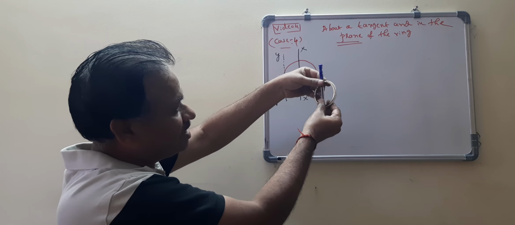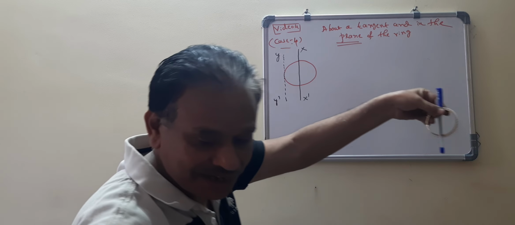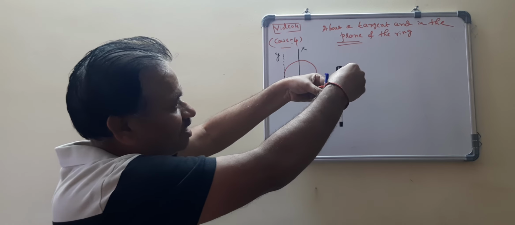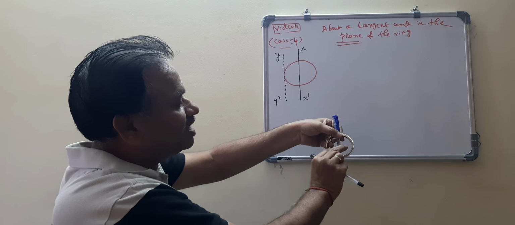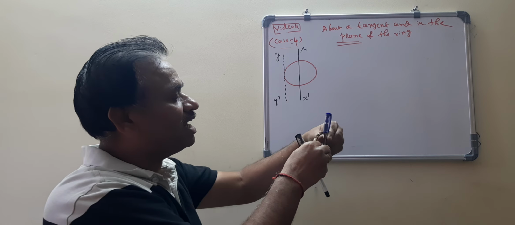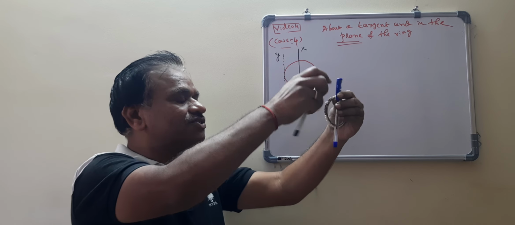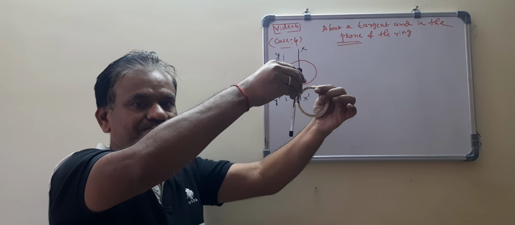X dash means along its diameter. And another is x, either considered like this or here. Now you want to calculate the moment of inertia about the axis y dash. About the axis y dash.